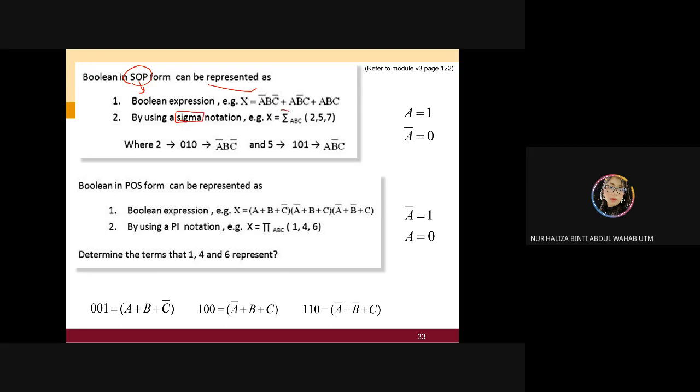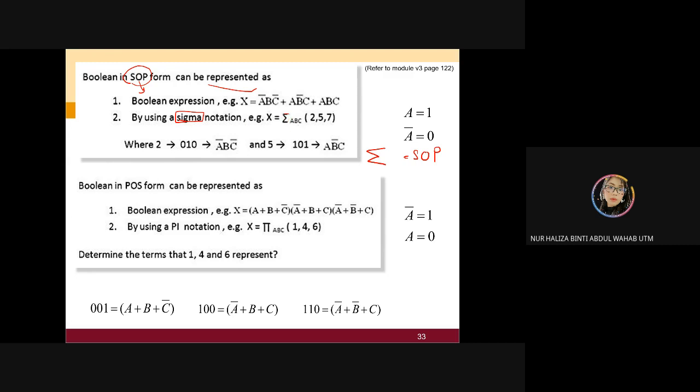How does it look? It's going to look like this: sigma. The sigma notation is for SOP. So how can the sigma be read?